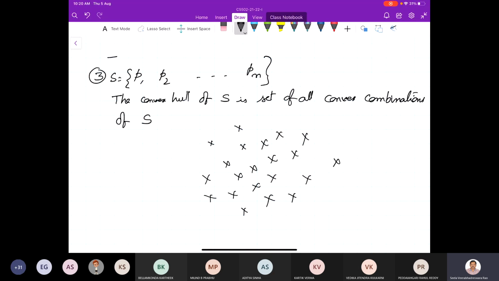Now let's consider that these points are like pins inserted onto a board. You take a big rubber band, stretch it over these pins and release it. Whatever shape this rubber band takes, that is the convex hull. So the rubber band takes a shape like this.